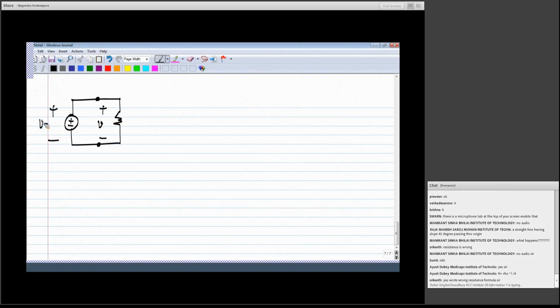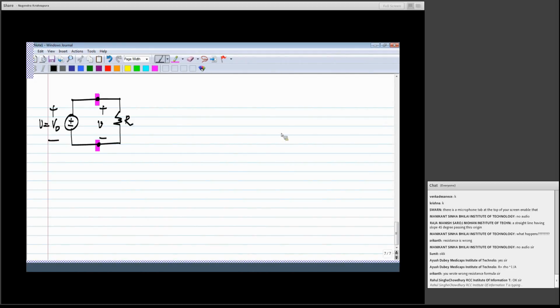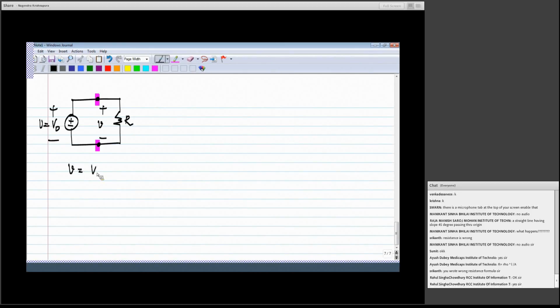So this is V0 and V0 is applied across the resistor. Actually, this is a very trivial application of Kirchhoff's voltage law. If you count the drop from here to there and there to there in the resistor, the sum will be equal to 0. Okay. So under these conditions, V will be equal to V0.